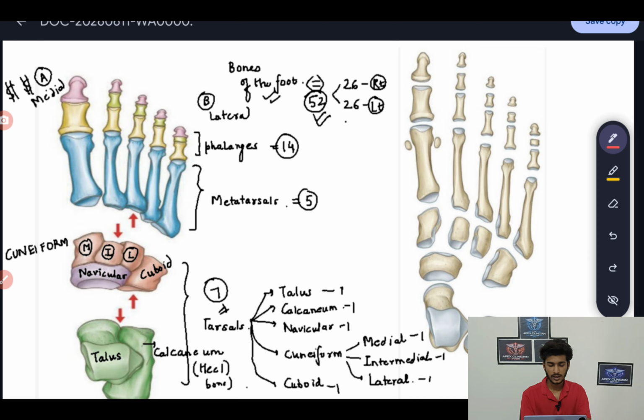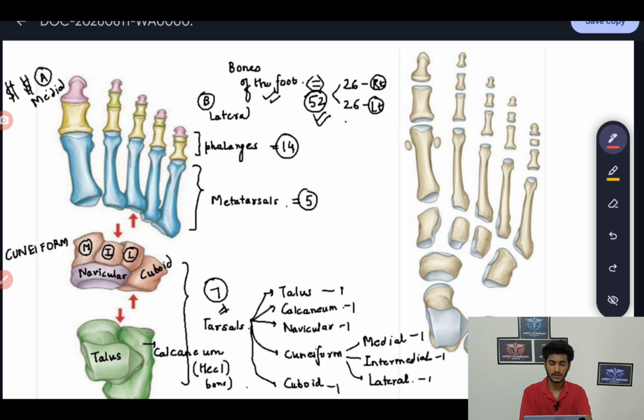The foot consists of three types of bones, that is tarsals, metatarsals, and phalanges. In the tarsal region, you can see tarsals are made of seven bones, metatarsals are five bones, and phalanges are in the upper part. It is 14 in number.